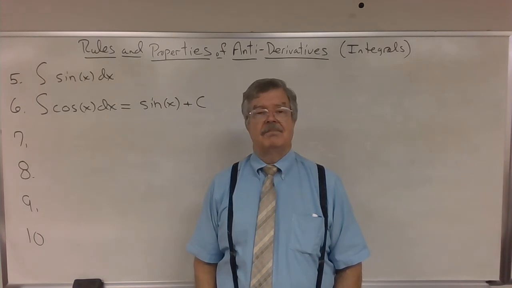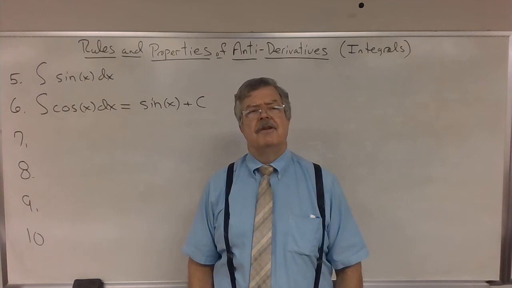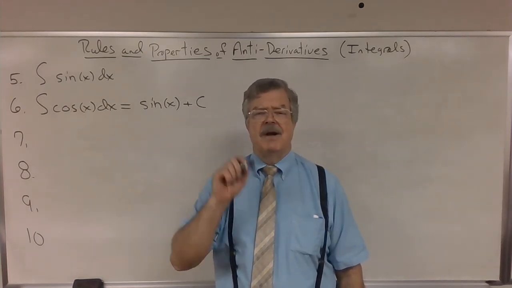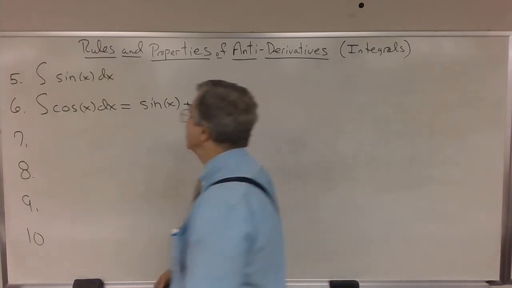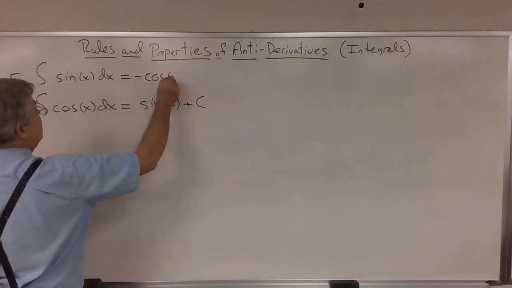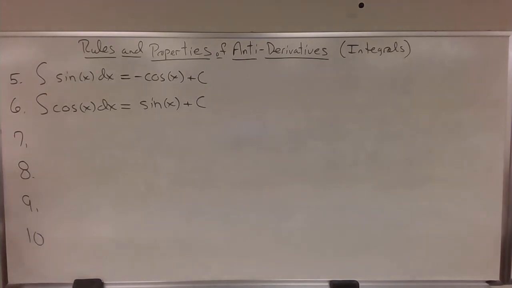And the answer would be negative cosine of x. The derivative of negative cosine of x equals positive sine of x. So negative cosine of x is the antiderivative of sine of x.